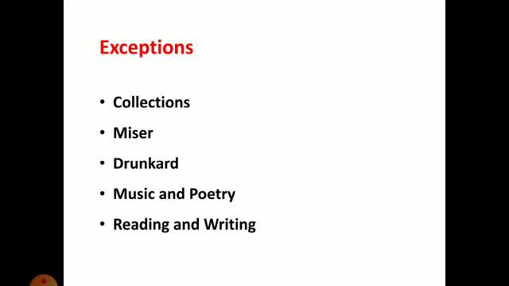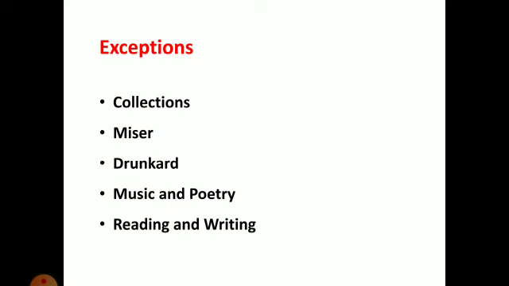Now, what are the exceptions to this law of diminishing marginal utility? When we strictly apply the criteria of the law with all the assumptions, there cannot be any exceptions to the law. However, if these assumptions are not strictly applied, it is possible to find some cases in which the law will not work.